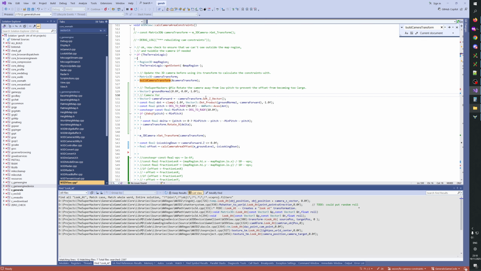Camera forward is minus z instead of plus y, because the matrix is not a normal matrix.